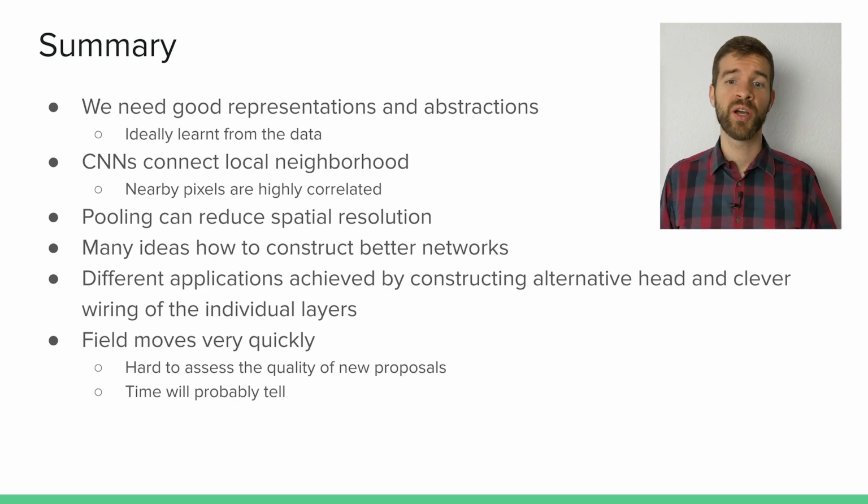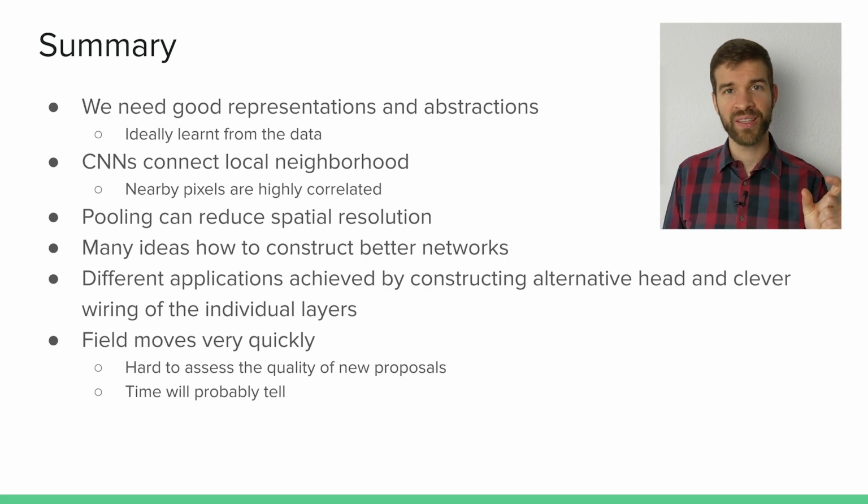We want to learn them from the data, and CNNs have this one specific layer type, which is a convolution that learns to connect this local neighborhood by only taking a look at a small area in the input image, because nearby pixels are typically highly correlated.